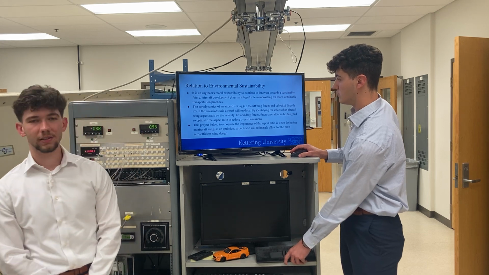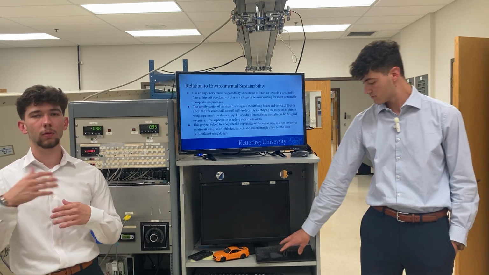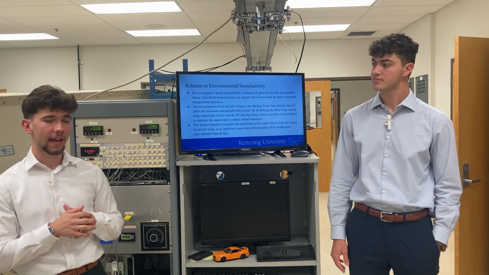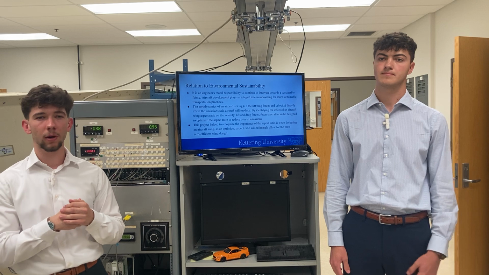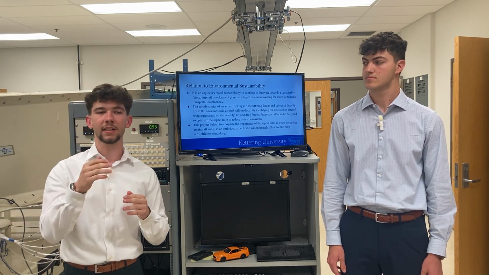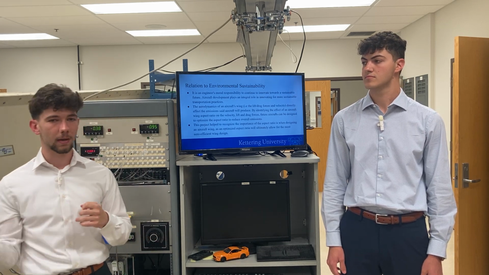And so a key question here is, why does this matter in the real world for applications on aircraft? And as we have both worked in the engineering industry for the past 2.5 years at Kettering, we know it is an engineer's moral responsibility to continue to innovate in their field towards a sustainable tomorrow.